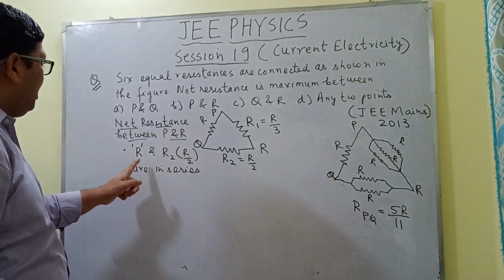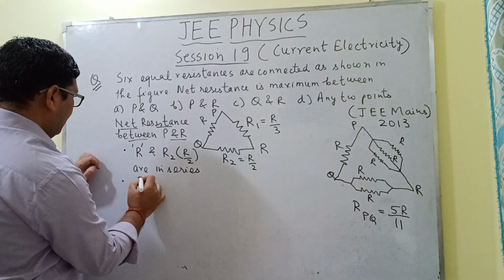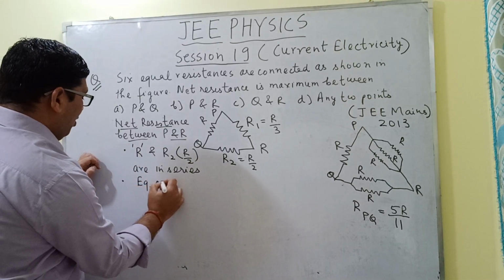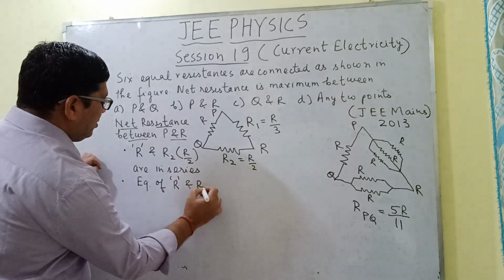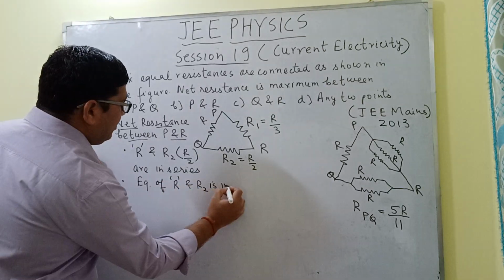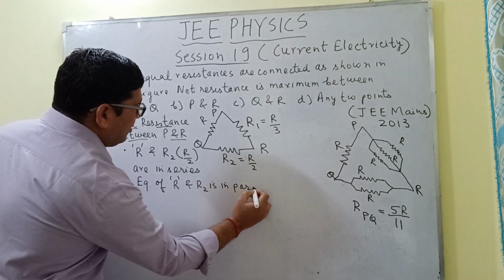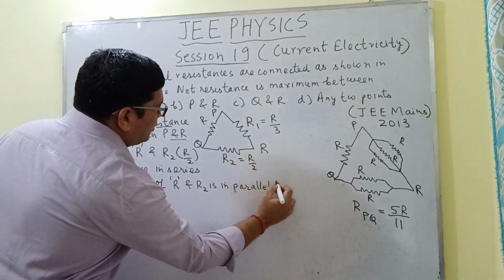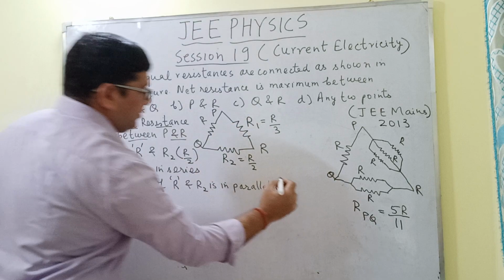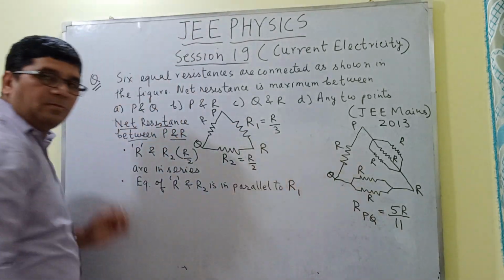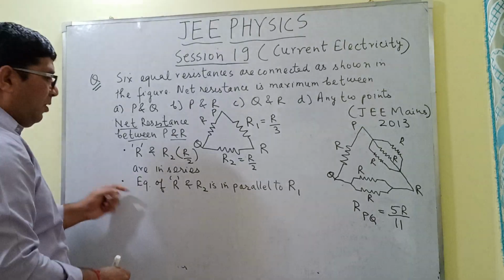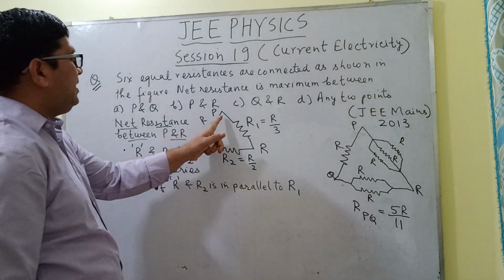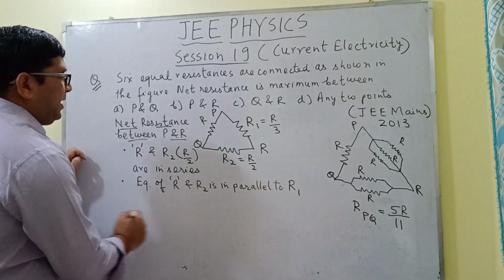Second point, the equivalent of R and R2 is in parallel to R1. So using these two concepts, we will be able to find the net resistance between the point P and R.